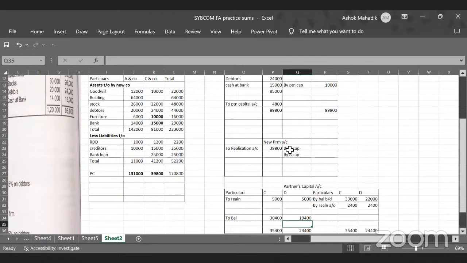Let us post it. Now this will become C and D. Capital 30,400 and this capital 19,400, which adds up to 49,800. Oh, this time it is 10,000 more, and there we got 10,000 less.